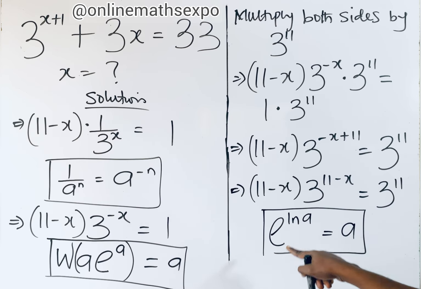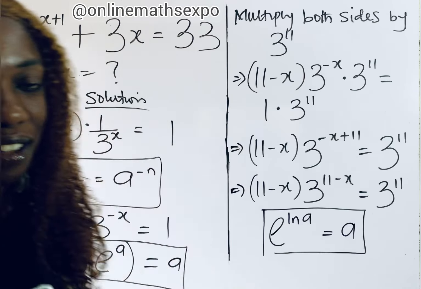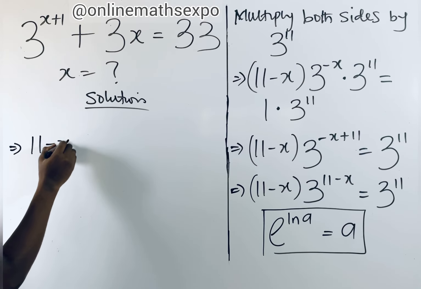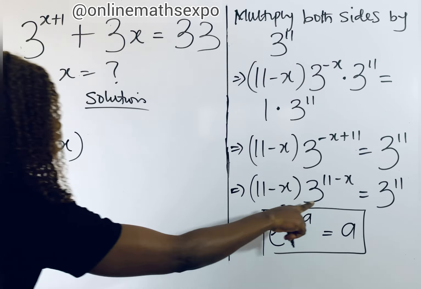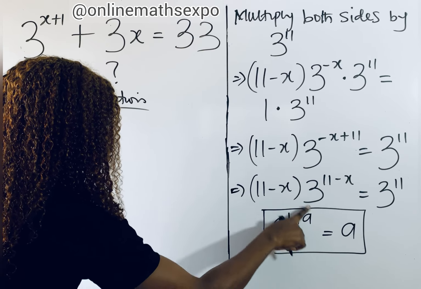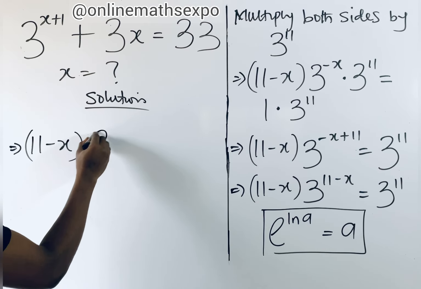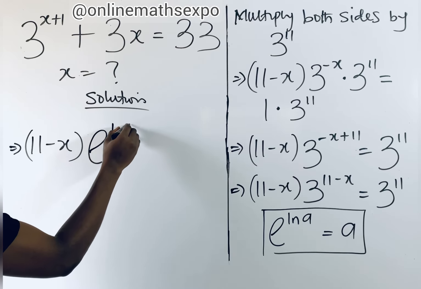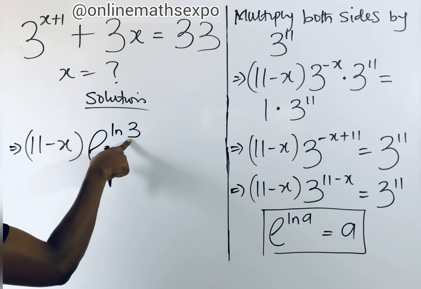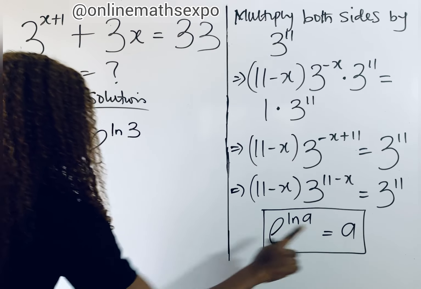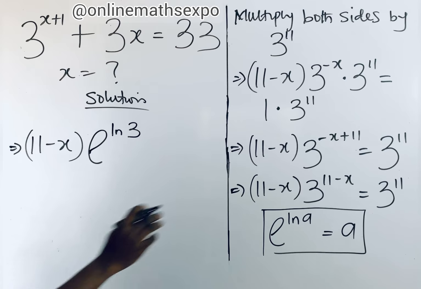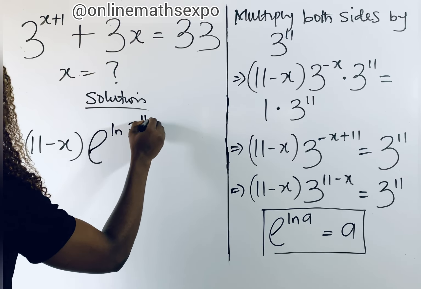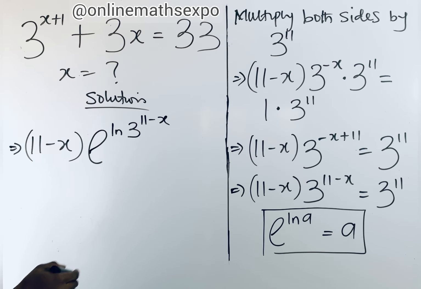We have not changed anything, and to do that, see what we have. 11 minus x, okay, now this 3 we are going to put it in this form. So to now have e to the power of ln of 3, okay, this will still give you back 3, obeying this. So you've not changed anything. Then raise this 3 to your 11 minus x. I hope you're with me there.